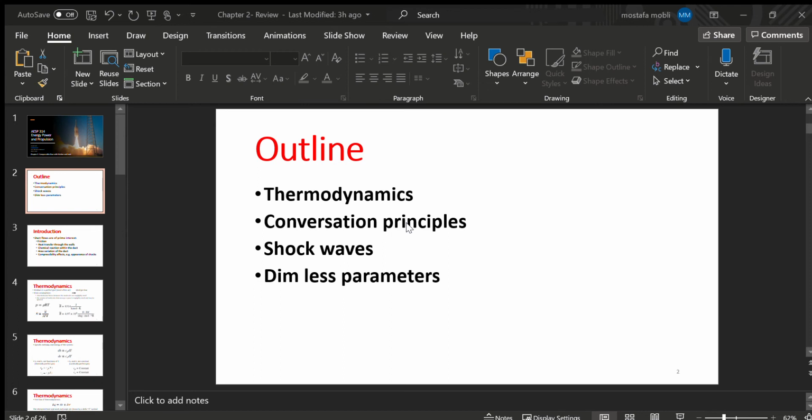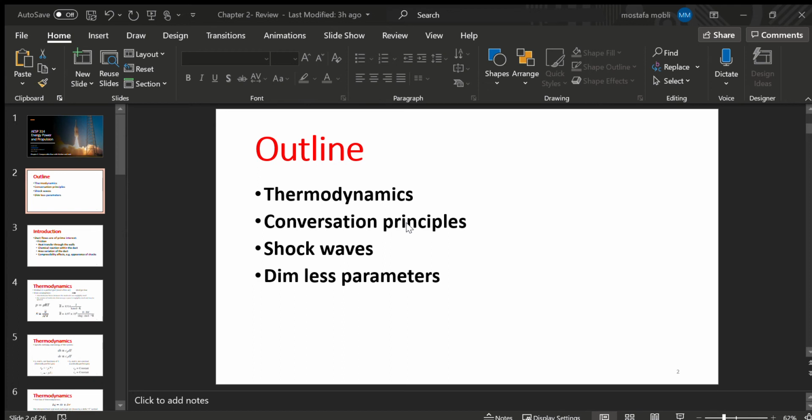We can also calculate gamma. What is gamma for air? We have 1.4. That's all I want to know, all of your answers. You don't remember.